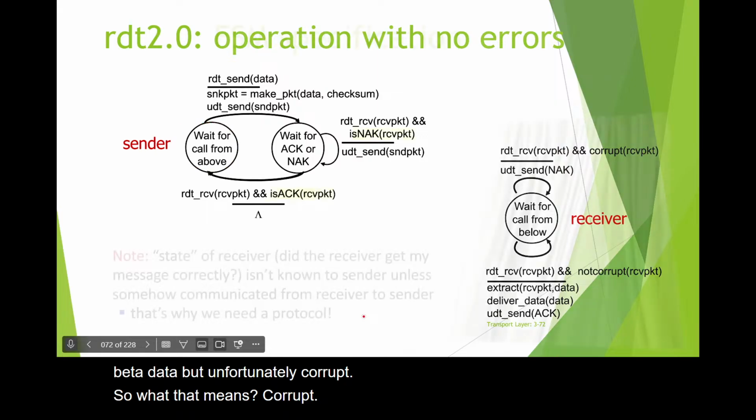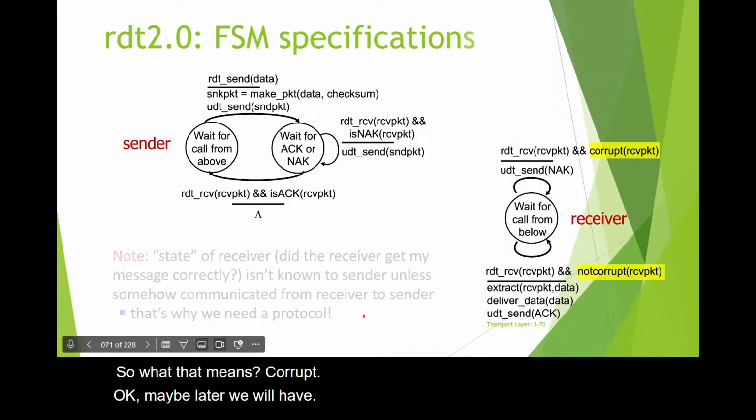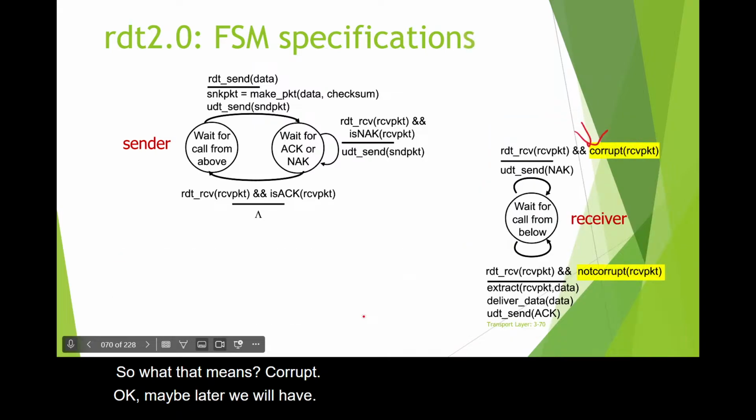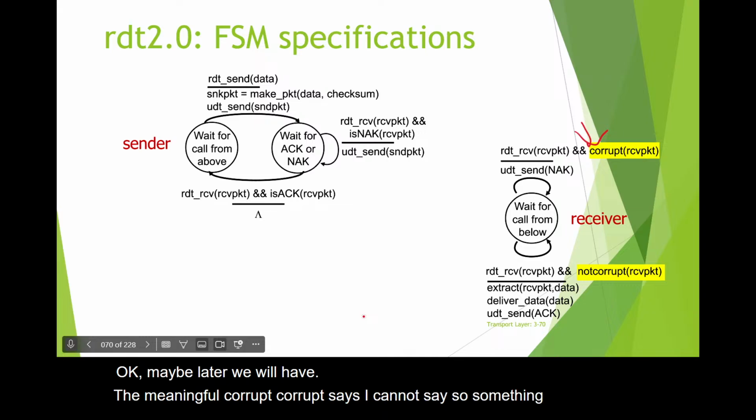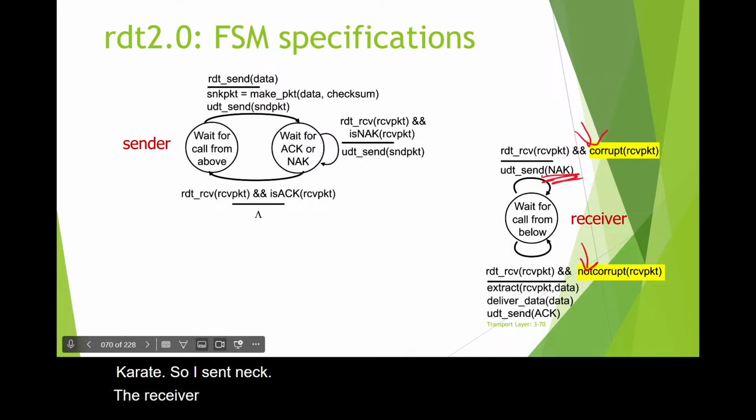Oh, okay, maybe later we will have the meaning for corrupt. Corrupt says I cannot access, so something wrong. Corrupt, so I sent NAK. The receiver sends NAK.